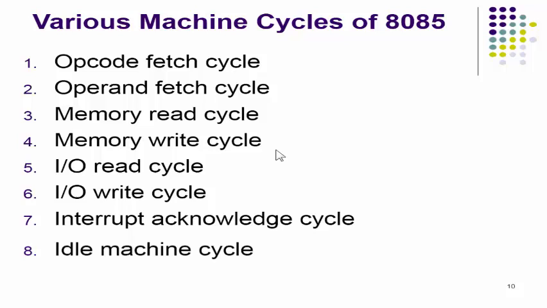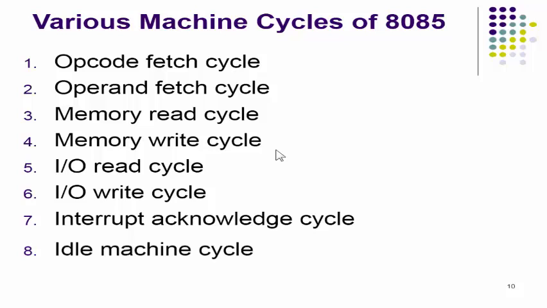Interrupt acknowledge cycle: during an interrupt, this particular interrupt acknowledge cycle gets utilized. And idle machine cycles: the idle machine cycle depends on the type of operation performed by the 8085 microprocessor. In the instruction set, some instructions are there like double addition, which requires more time to perform 16-bit addition. The DAD RP instruction we have already discussed.